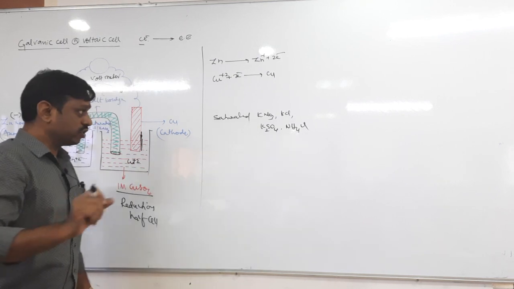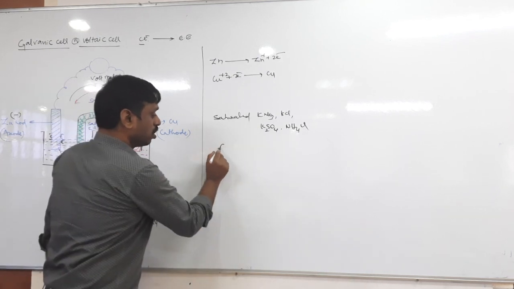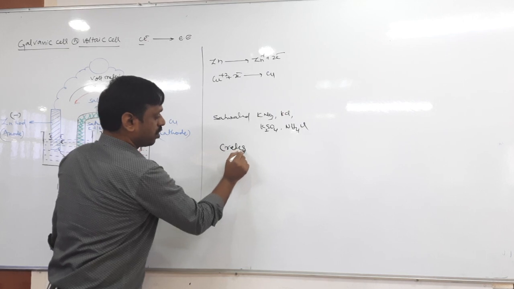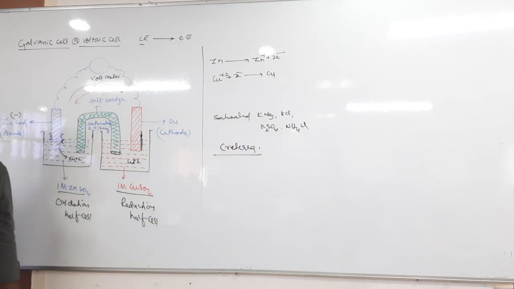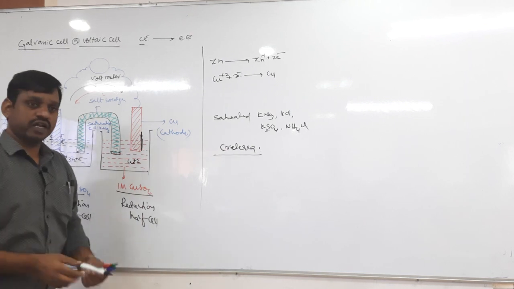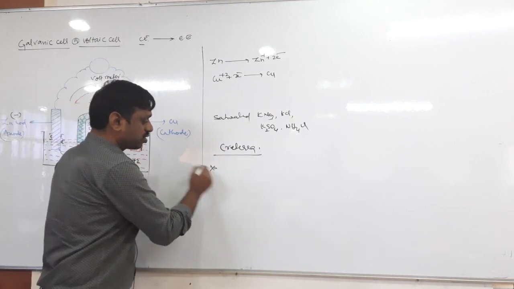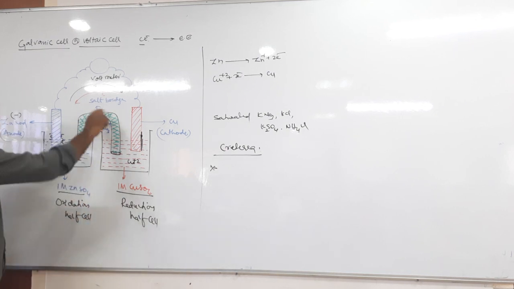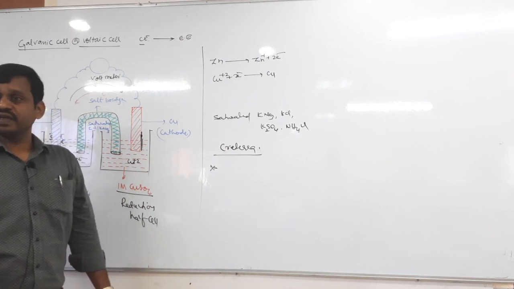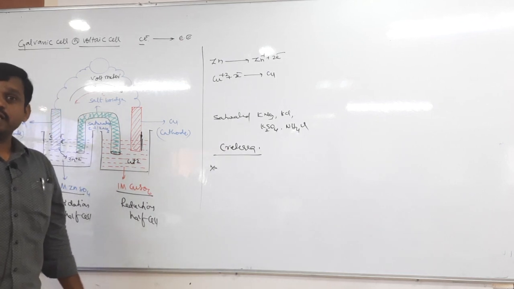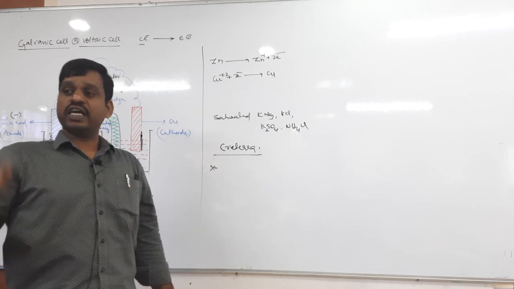And next, what are the criteria? When we use a salt bridge, what should be the criteria? There are two important criteria. First, the electrolyte taken in the salt bridge must be chemically inert. It must not interfere with the cell reaction.